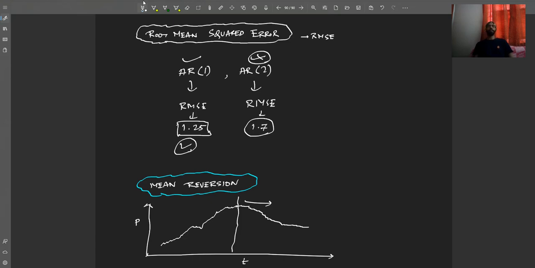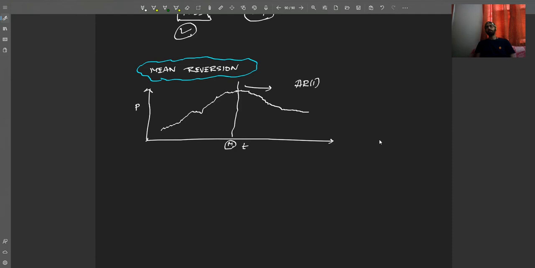So if we consider this to be an AR1 model, how do we represent this, friends? This point, let's call it the point M, or the point of mean reversion. So how do we predict at what point this mean reversion will occur, friends? Logically speaking, the phenomenon that happens at point M is basically this: Pt becomes equal to Pt plus 1.